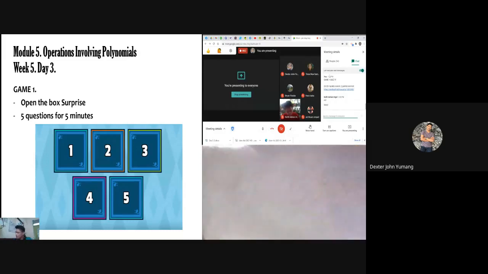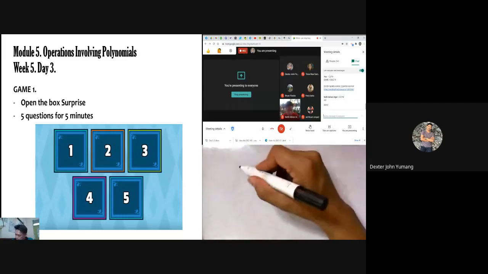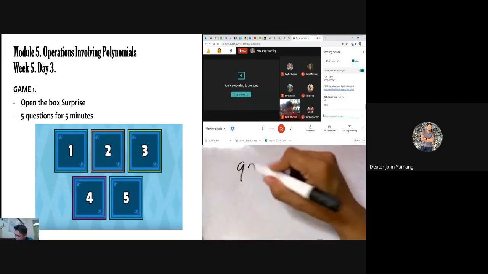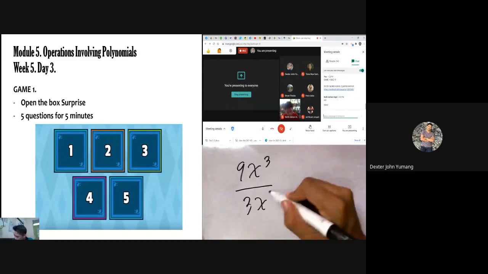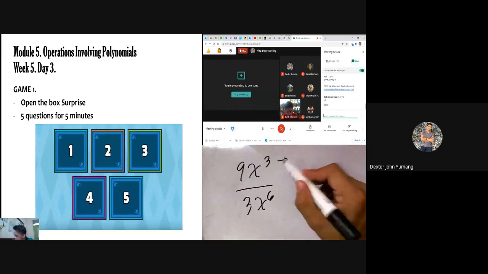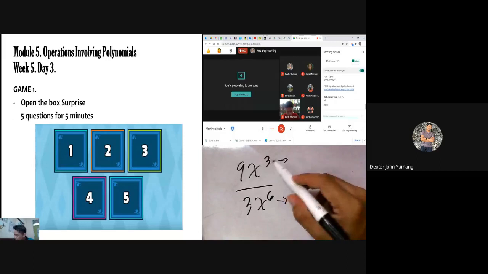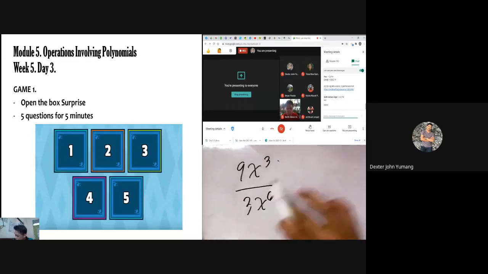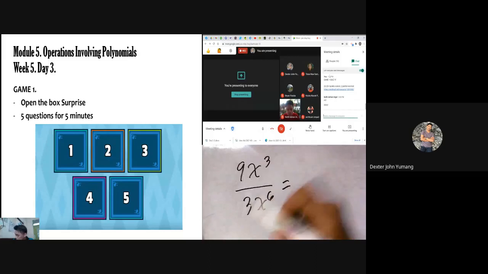Okay, next. What about this example: 9x cubed divided by 3x raised to the power of 6. Look at the exponents of the denominator and the numerator. This is 3 and 6, and 6 is larger than 3. We divide 9 divided by 3, that is 3.